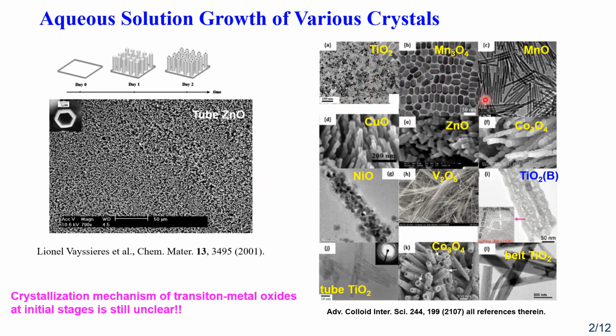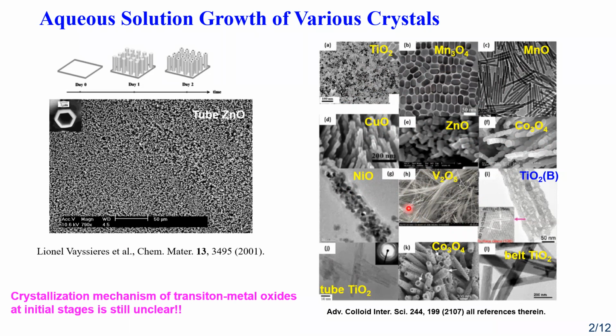These are just some examples of transition metal oxide nanostructures fabricated using aqueous solutions, like TiO2, Mn3O4, CuO, zinc oxide, Co3O4, nickel oxide, Fe2O3, and others.